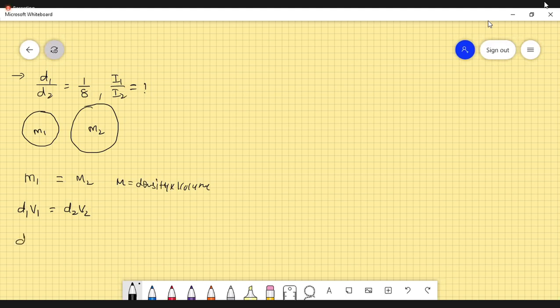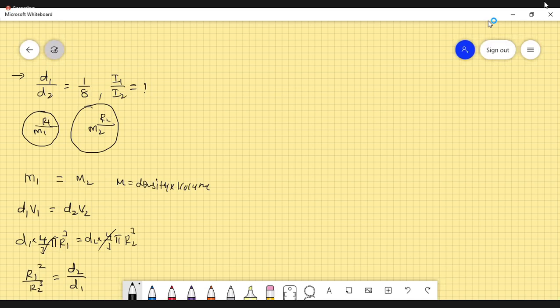So d1 into volume equals what? Volume of the sphere is 4/3 pi r cube. Let us consider this is r1 and this is r2. d1 into 4/3 pi r1 cube equals d2 into 4/3 pi r2 cube. 4/3 pi cancels. Finally, r1 cube by r2 cube equals d2 by d1.